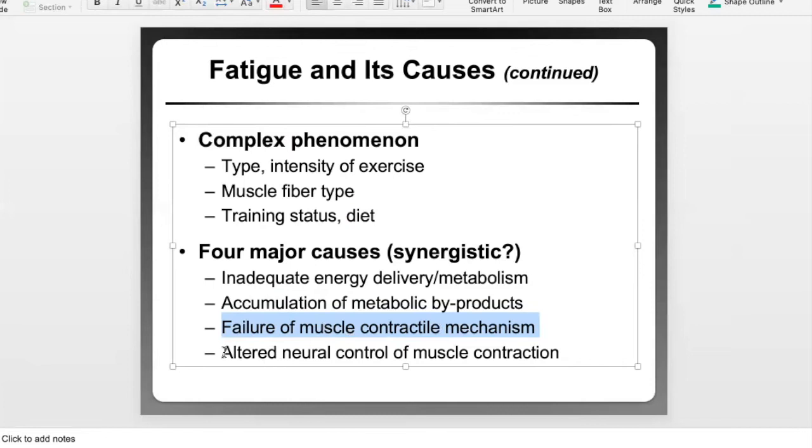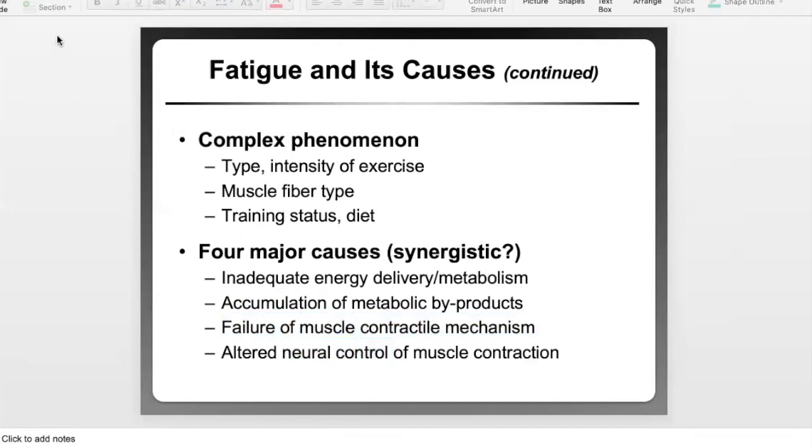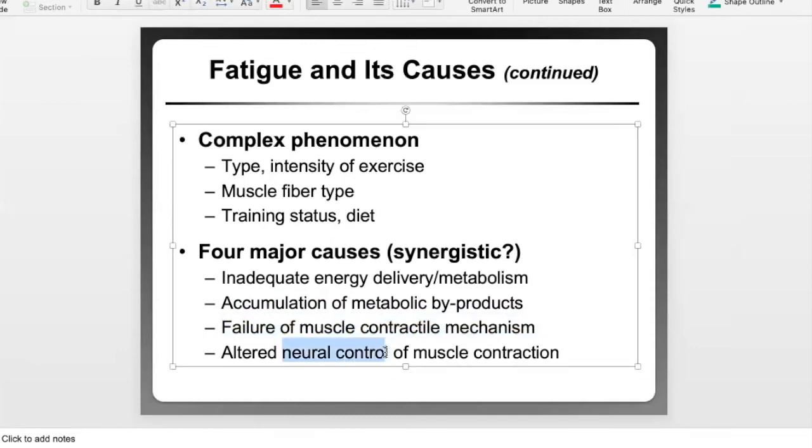And the last potential cause for fatigue would be neural control of muscle contraction. So your brain is exhausted, or your brain, which is supposed to send signals to the 480 muscles, maybe is sending signals too late, or it's fatigued in terms of its ability to recover, or it's not hydrated. So these would be the major potential causes for fatigue.